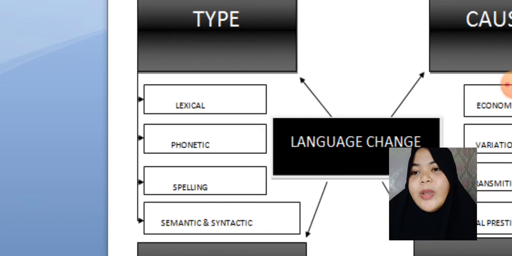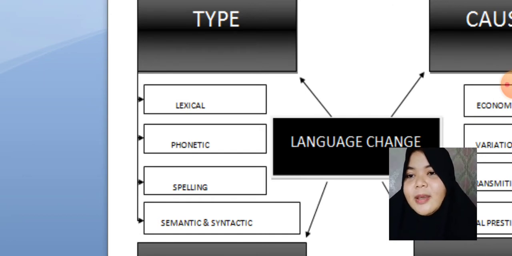And then we have semantic and syntactic change. Well, semantic change, for example, people at this time sometimes say "good" for another meaning. They don't really mean good. It's not the literal meaning of good, but they have a new meaning for it.